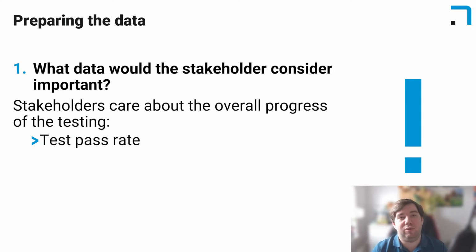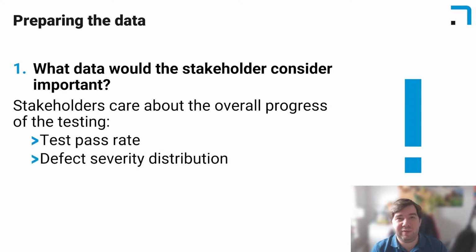Then, stakeholders also want to know about defect severity distribution. We can classify defects in a severity sense, where we have a priority 1 defect, which is breaking that component, it's completely broken, to priority 4, where it sometimes gives incorrect results or doesn't work in the exact way that we need it to, but it is workable. Defect severity distribution means breaking up the project into its component chunks.